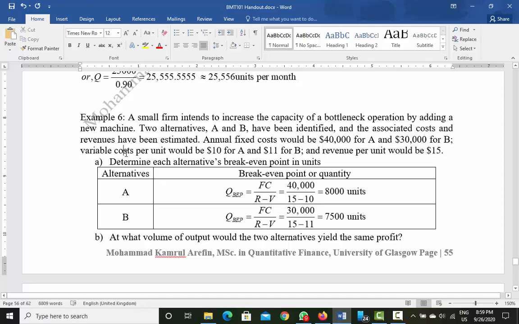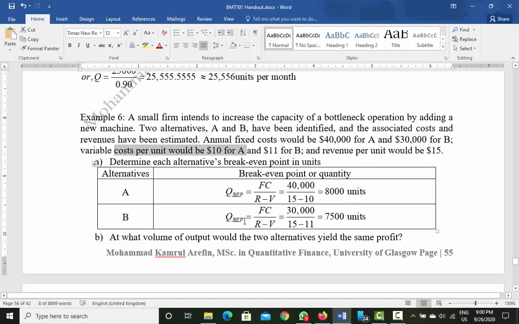Variable cost per unit for alternative A is $10. So if you do your calculation, you will see 8,000 units. This is the break-even quantity for alternative A.